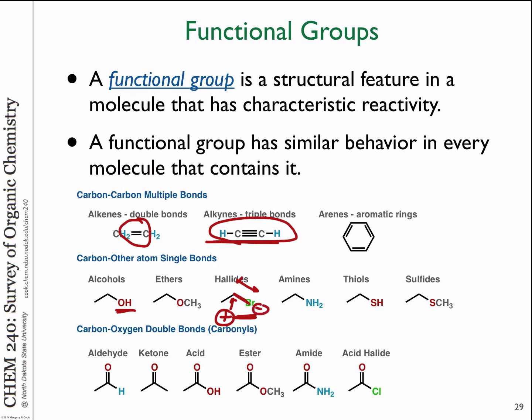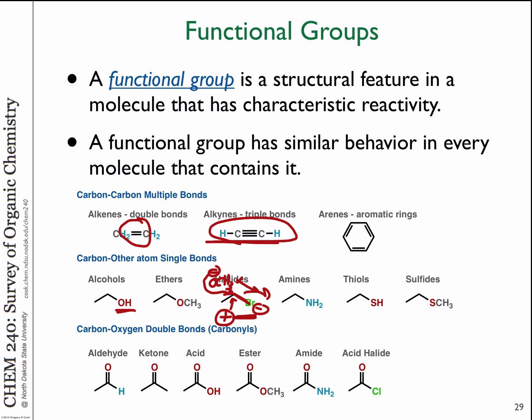So that bond is polarized. If you're going to react with something, you want to react with something negative. It'll react on that carbon, as I showed before, to do a substitution.